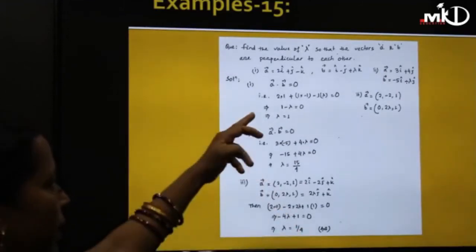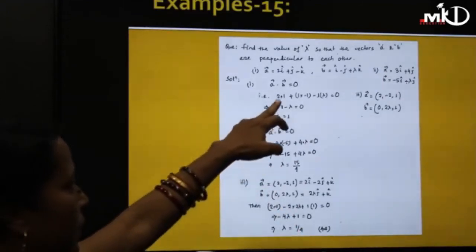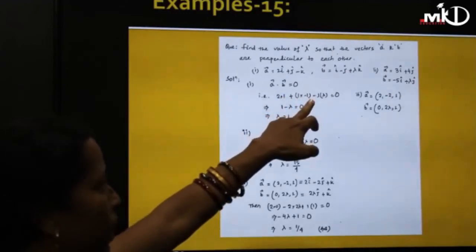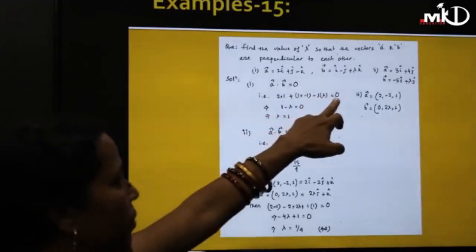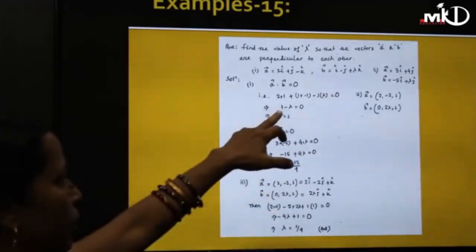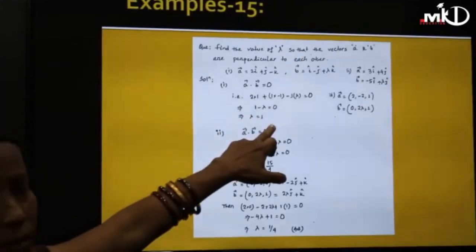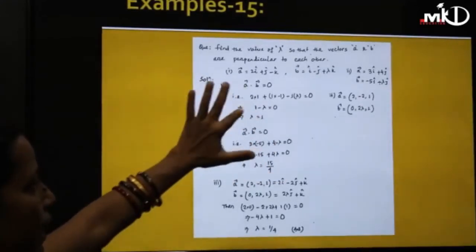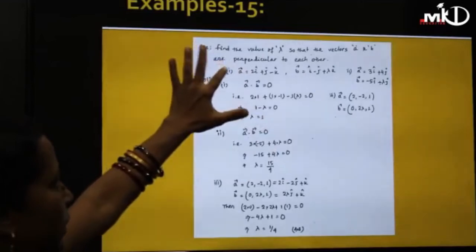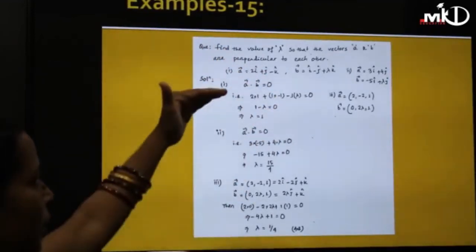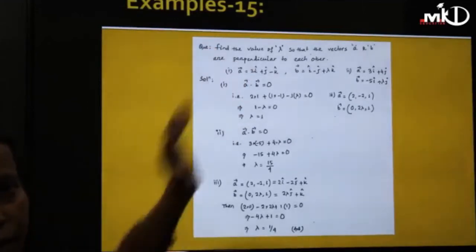So we find the dot product, which is 2 into 1 plus 1 into minus 1 plus minus 1 into lambda equal to 0. So 1 minus lambda is equal to 0 and lambda is equal to 1. Whenever lambda is equal to 1, the scalar product is 0, which means the two vectors are perpendicular.